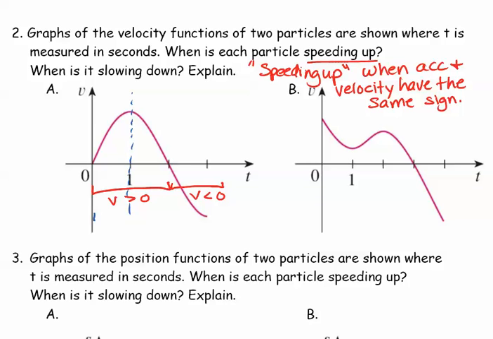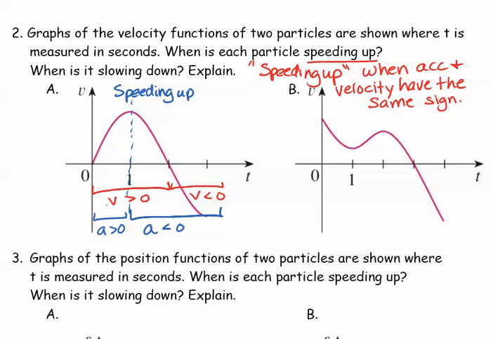So the velocity is rising, so acceleration is positive in this region, and then the velocity is decreasing the rest of the way. So acceleration here would be negative. That would be all the way to the end of the graph there. So we want to look for where acceleration and velocity are in the same direction. So I haven't really left myself any room for an answer here. So I'll say speeding up right here.